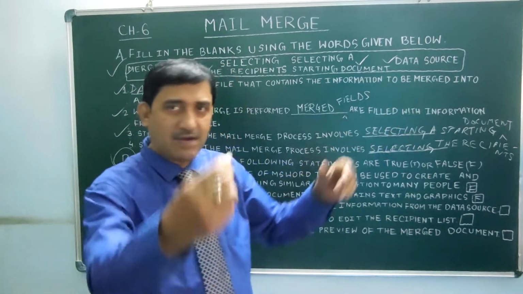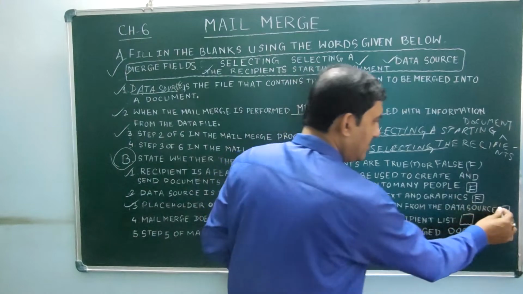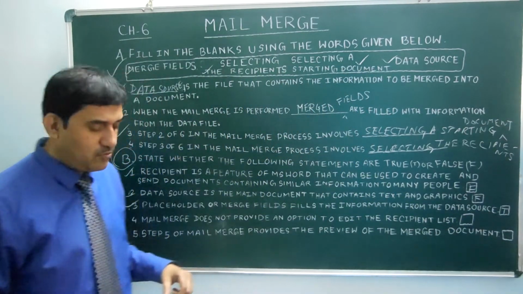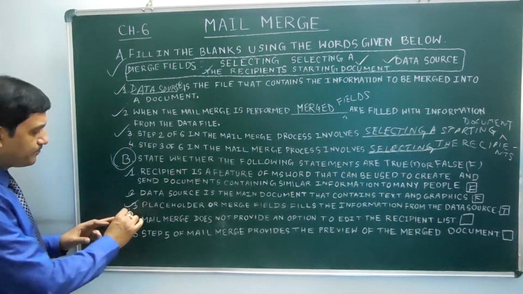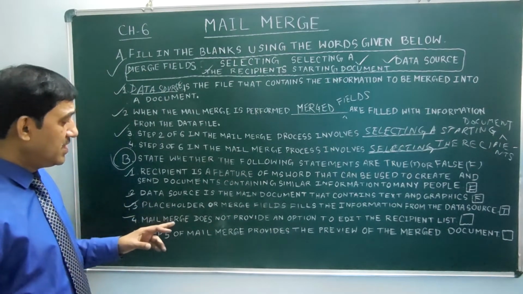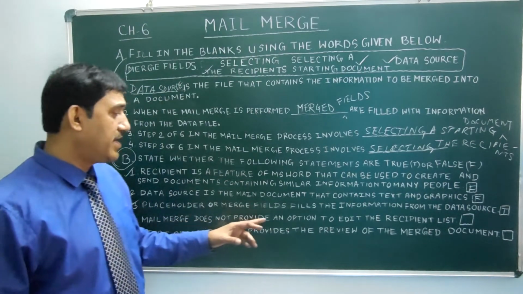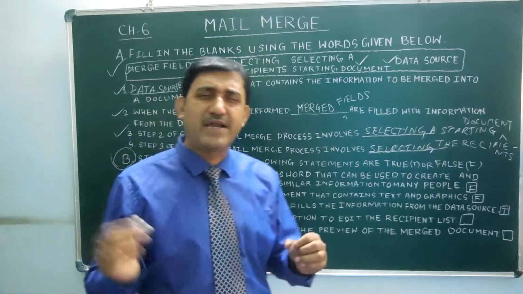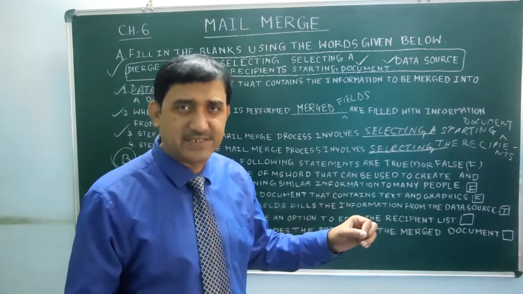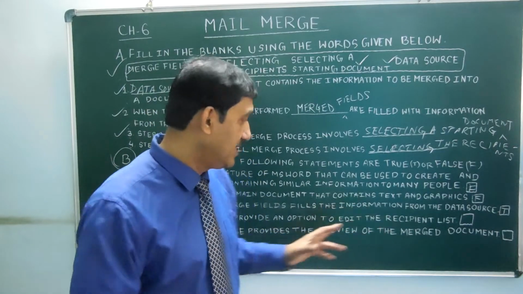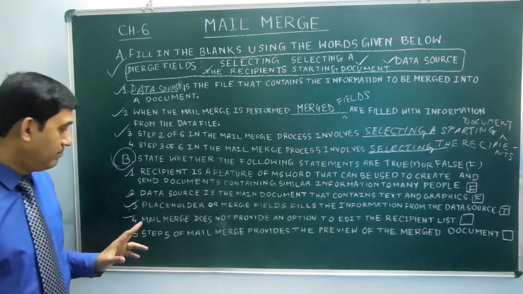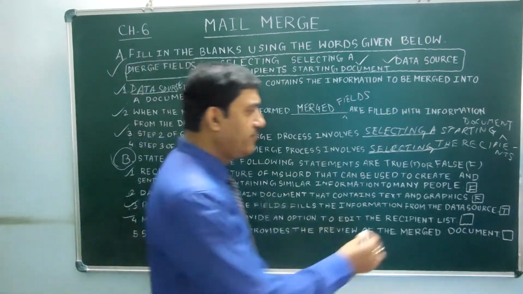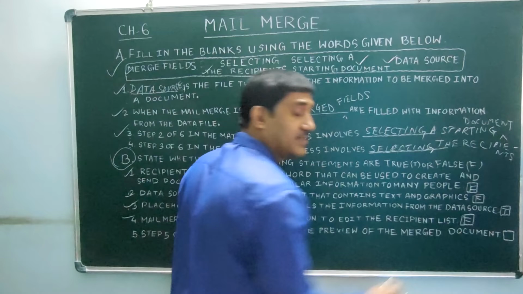We have done that already in the fill in the blanks, so this is true. Next: mail merge does not provide an option to edit the recipient list. You can edit, and you can also delete names that existed previously, so mail merge does provide it. This should be false.